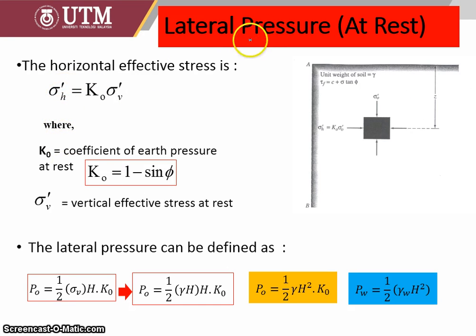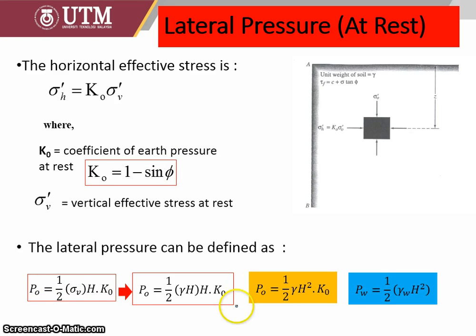However, as we mentioned just now, we are more interested to know lateral pressure rather than lateral stress. So we can define lateral pressure when we associate the vertical stress with the height and also the coefficient of earth pressure K naught into the pressure equations.